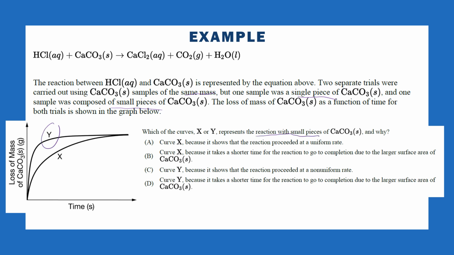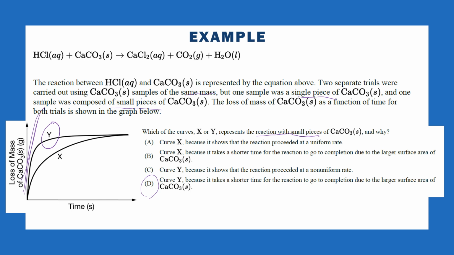Well, it's going to be Y, because this slope here is greater. It's going to reach the limiting factor for the reaction faster, right? We're going to run out of calcium carbonate to react faster because those smaller pieces allow for more collisions to happen very quickly. So D is the better answer.